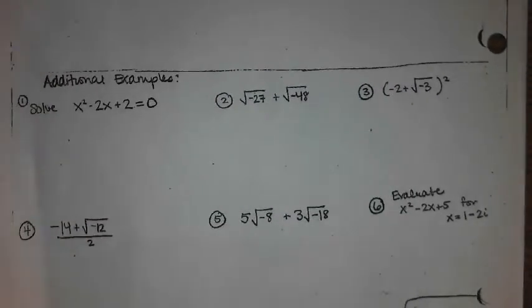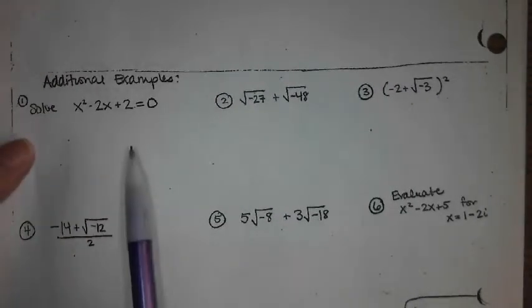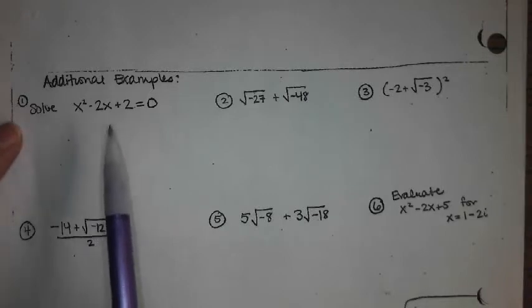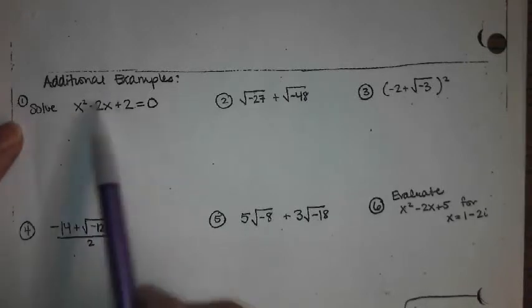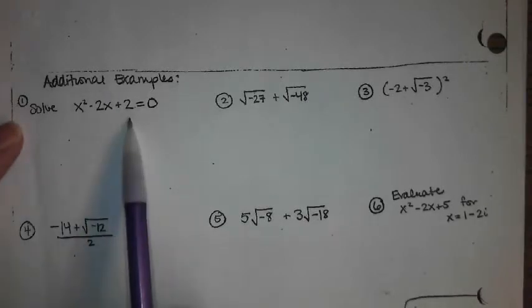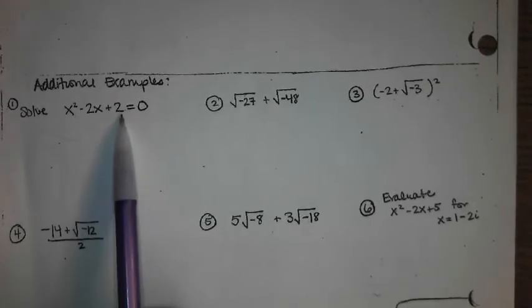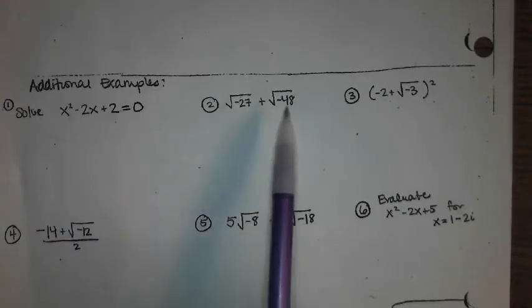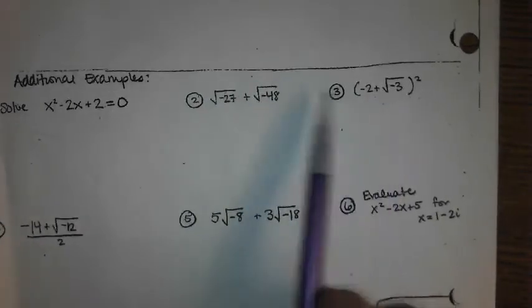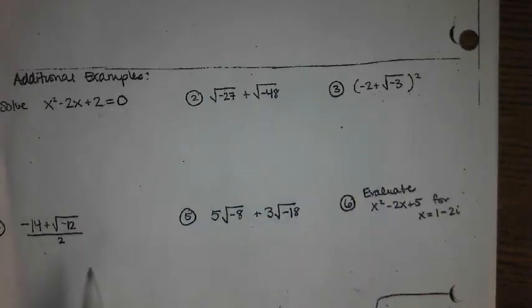Why don't we have Adam, your row's going to do number 1. Alyssa, you guys are going to do 2 and 3. Sorry.